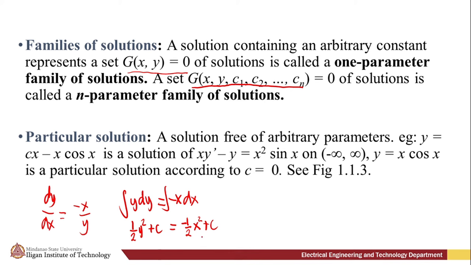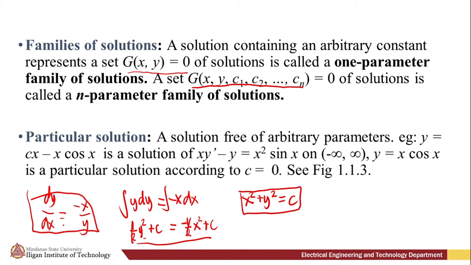Dividing the whole equation by 1/2, c here is an arbitrary constant, and a constant divided by a constant is just a constant. Then we rearrange this equation and transpose x to the other side. We have x squared plus y squared equals c. So this is a general solution, or a family of solutions, for this differential equation dy over dx equals negative x over y.